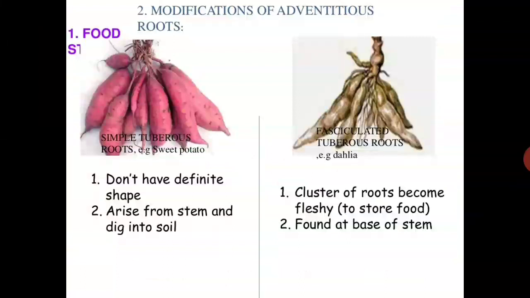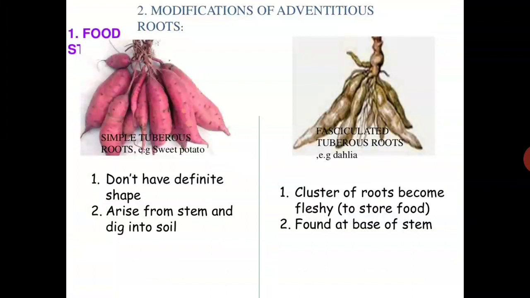You can see here in the case of food storage how these roots look. They don't have a definite shape due to the storage of food, and arise from the stem and dig into the soil. The cluster of roots becomes fleshy in the case of the groundnut.